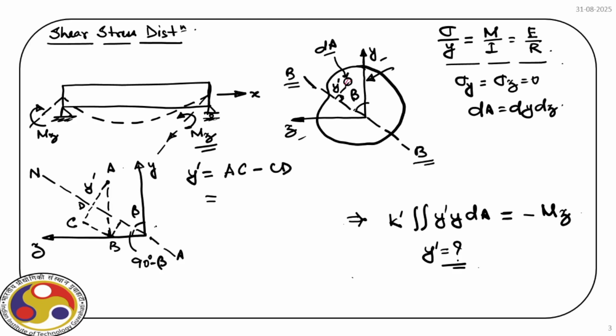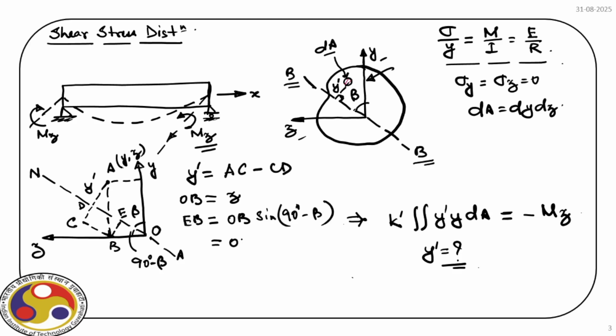Now let this origin be O, so OB is Z, that is the Z coordinate here, so it has a coordinate of Y, Z, and EB, so this point is E, EB is equal to OB sine of 90 degree minus beta.